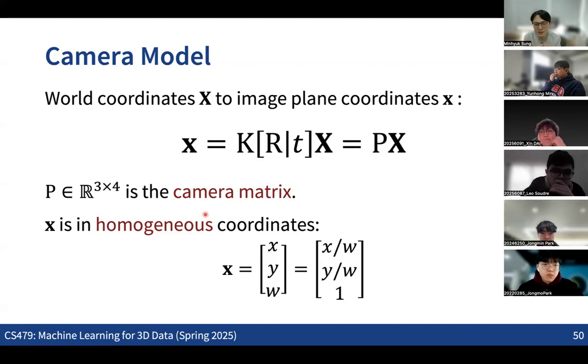Based on that absolute coordinate system, we then define a local coordinate system based on the center of the camera and its view direction. That involves some rotation and translation. Once we see all these 3D things from that local coordinate system, we can apply the projection, which is defined with the intrinsic matrix here. Is it clear?